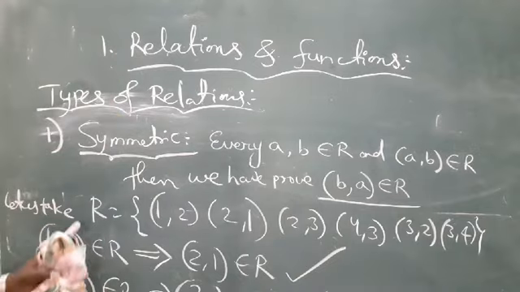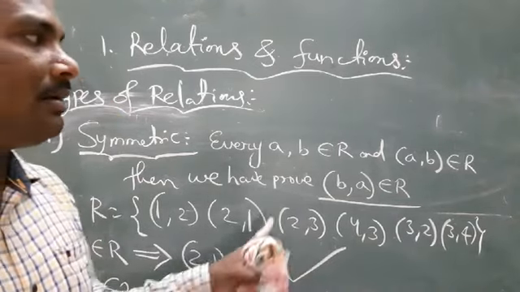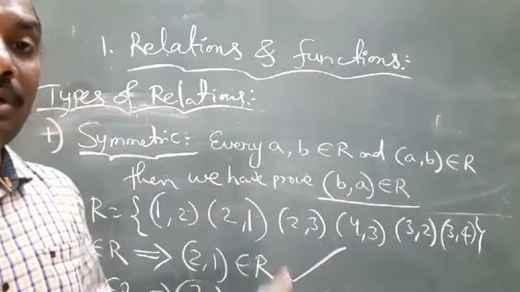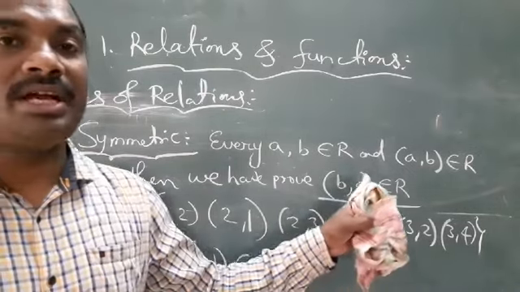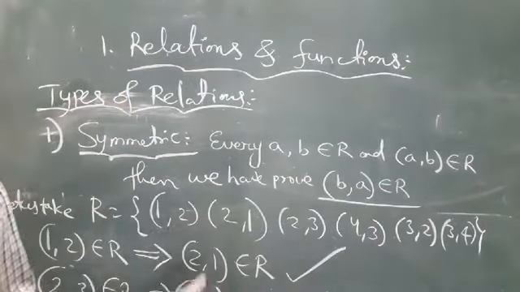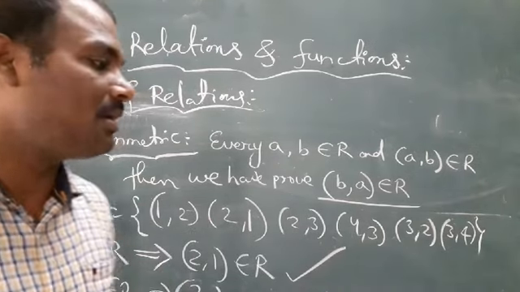So for every (a, b) belongs to R, we have to prove (b, a) belongs to R, then automatically R is symmetric.